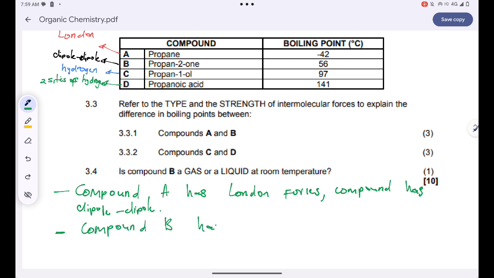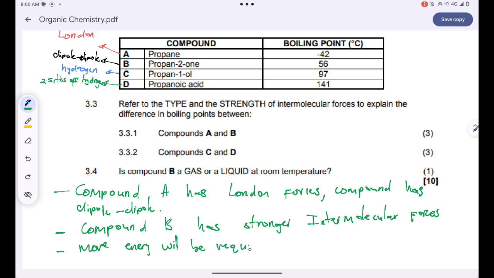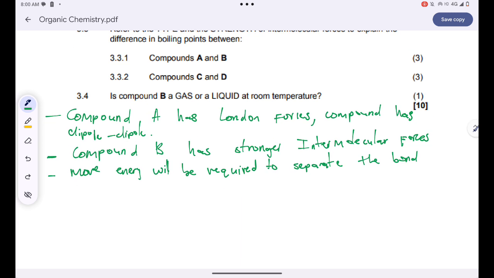compound B has stronger intermolecular forces, and hence more energy will be required to separate the bonds in compound B, and hence compound B has a greater boiling point.